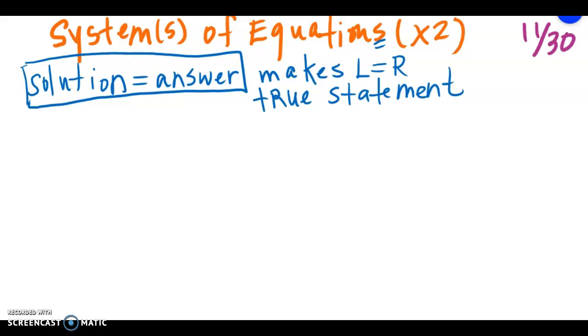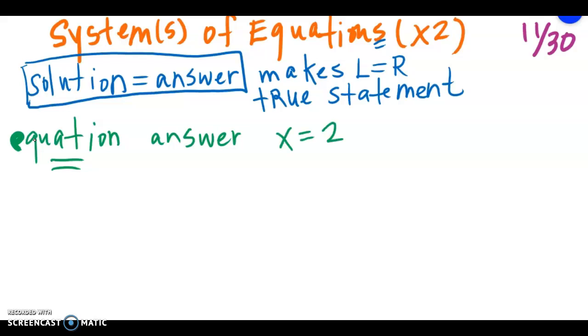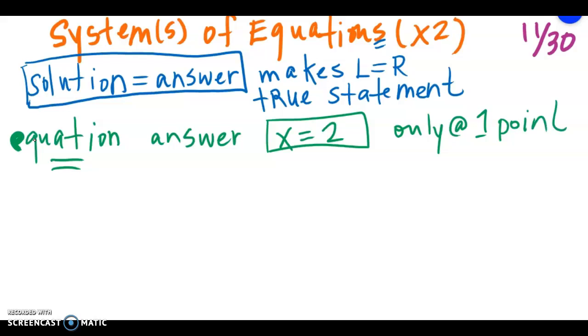When you have an equation, the one that has the equal sign, your answers look like x equals 2. You have a variable equal to a number. Your solution is only at one point. This one point, x equals 2, is what makes the left side equal to the right side. It makes a true statement.